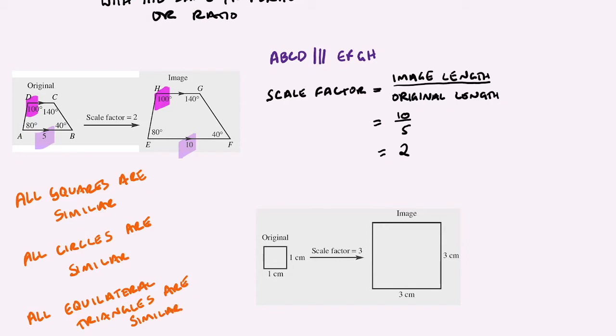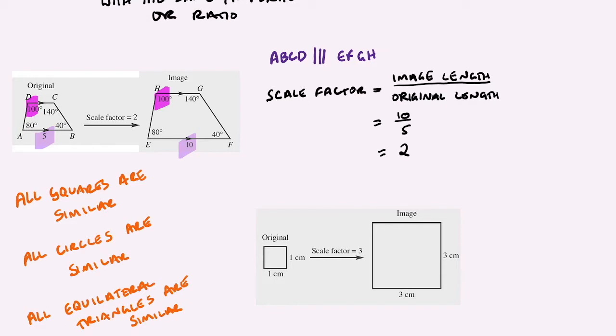Same reason as for the squares, we have those 60-degree angles in the equilateral triangle, because remember, it has to add up to 180 and they all have to be the same. So they're all going to be similar as well. And we've just got that extra little diagram there to show you what's going on with the squares.